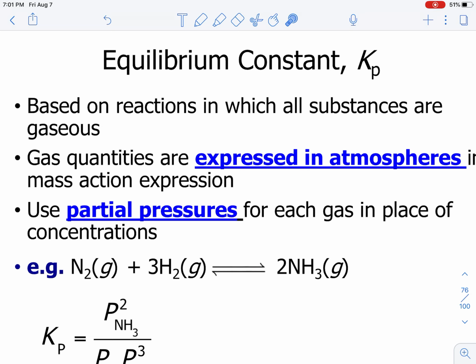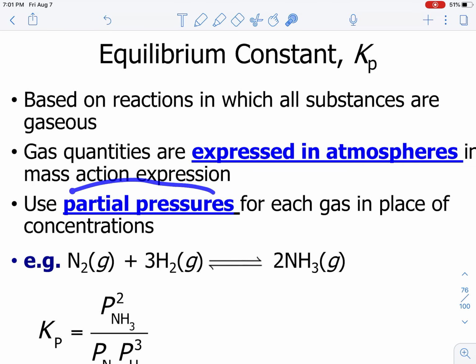And so when we're utilizing partial pressures to represent the amount, the unit that these partial pressures are going to be at is atmospheres, or atm.